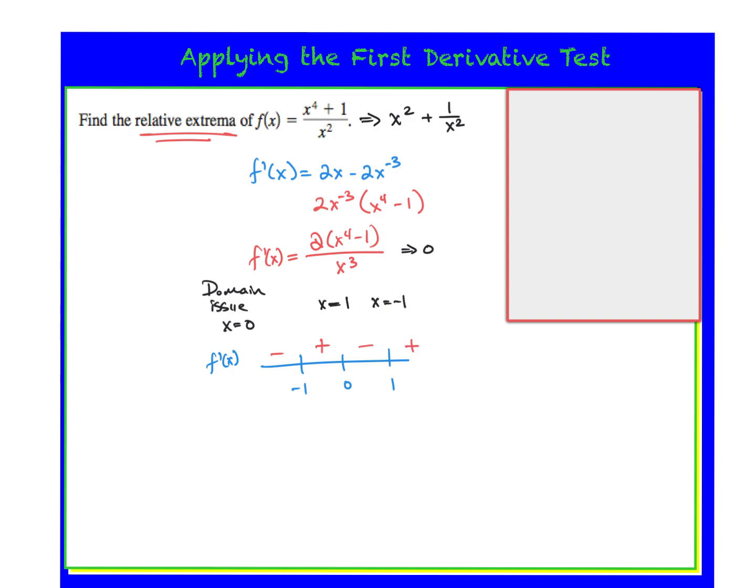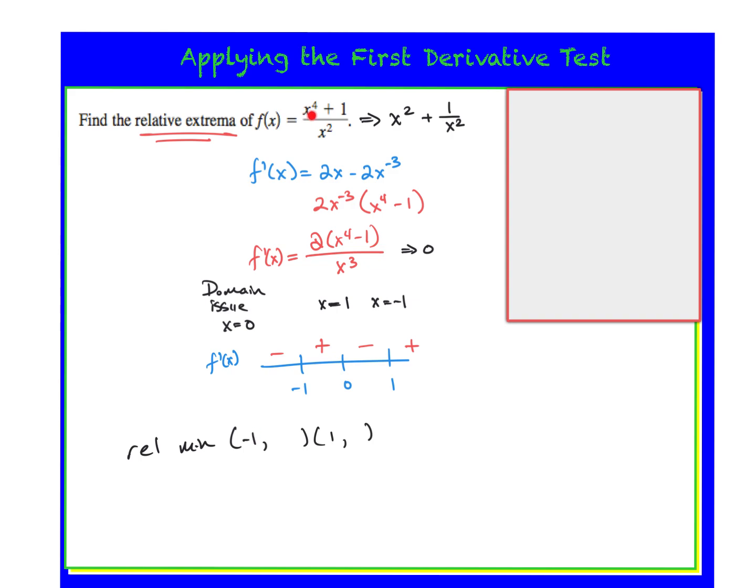So now I need to analyze my little number line. Do I have any relative minimums? Yes. My relative minimums are at negative 1 and at 1. How do I get the y values of those minimums? I back substitute into our original.